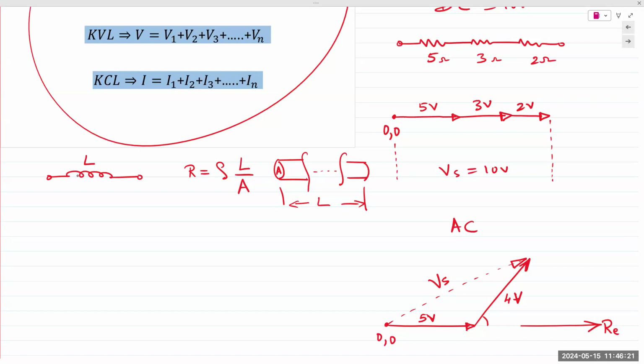If you take this inductor and you measure the inductance L between A and B, you will get a value for L. If you measure the resistance between A and B, you will obtain a resistance between A and B. And that resistance is noted as the inductor resistance RL.